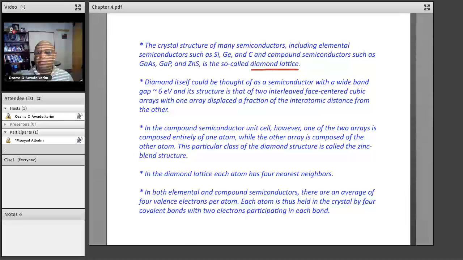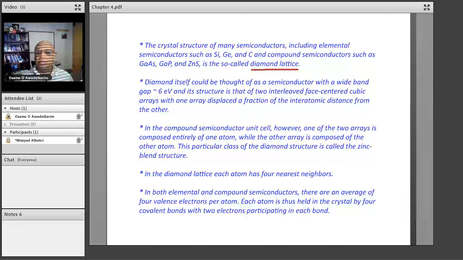Why is it called the diamond lattice or the diamond unit cell? Because it's the same unit cell as diamond. Diamond is a form of carbon, a crystalline carbon, and it crystallizes in a special cubic structure which is called the diamond structure.